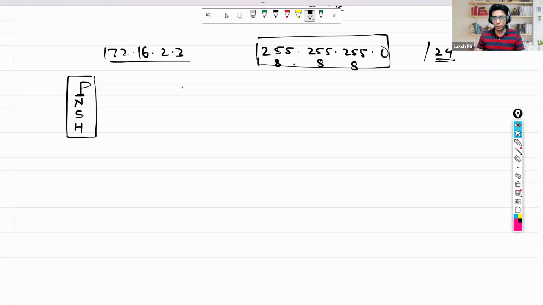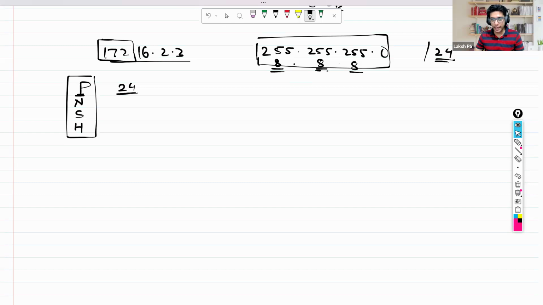So p bits is 24, because you have 8 ones, 8 ones, and 8 ones. 24. Okay. Now, out of this 24 bits, how many of them are network bits? This is a class B address mask. And we know that in a class B address mask, you have two network octets.